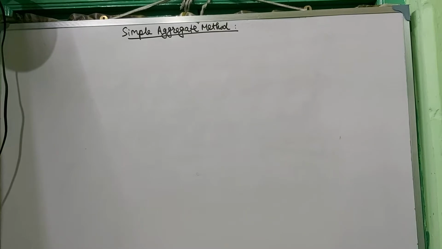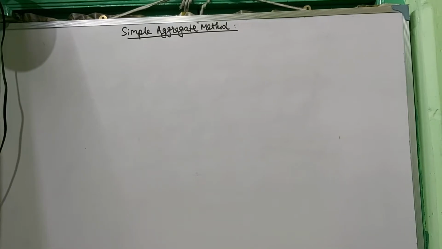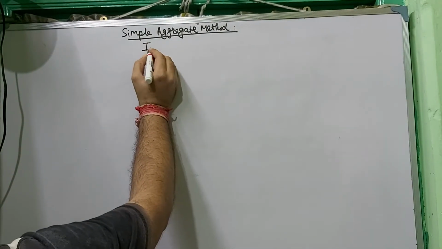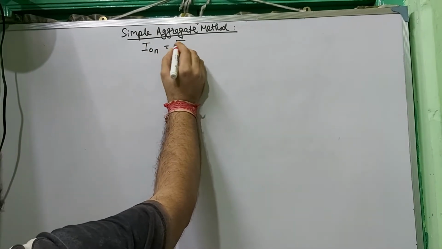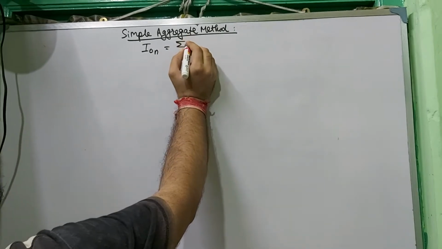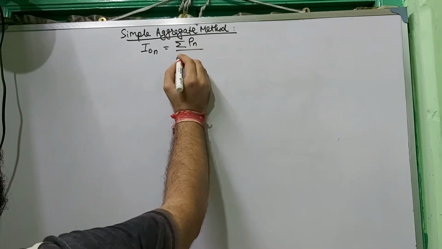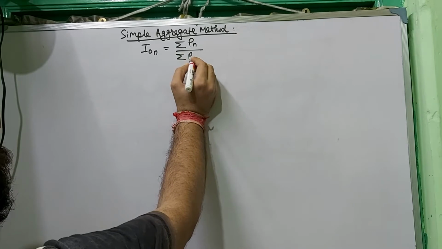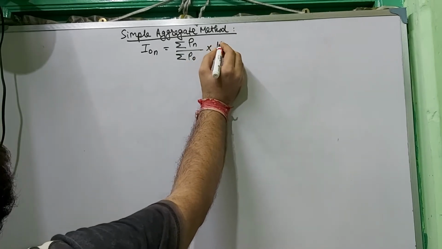The first class basically talked about the theoretical portion of index numbers. Today I will start with the simple aggregate method. It is quite clear on the board. I will discuss the formula of the simple aggregate method, where I01 is equal to summation of Pn by summation of P0 into 100.